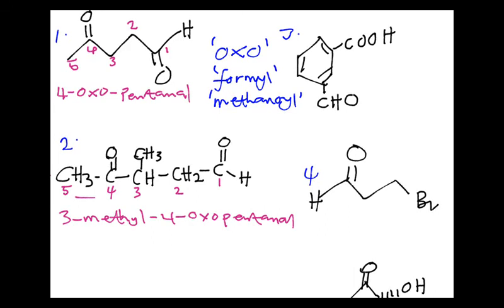So in this case, we're not going to call it a pentanal or just like we saw in the others, but it's going to be formyl, just like we saw here, formyl or methanoyl. So what will be the name? We'll start numbering from the carboxylic acid, which is 1, 2, 3. So this is 3-formylbenzoic acid.